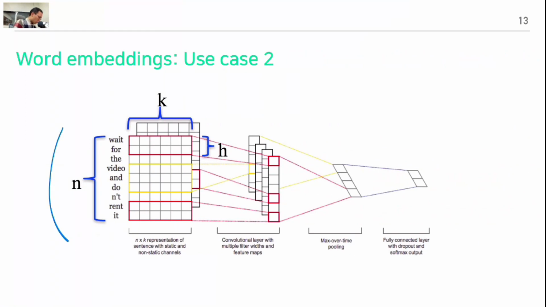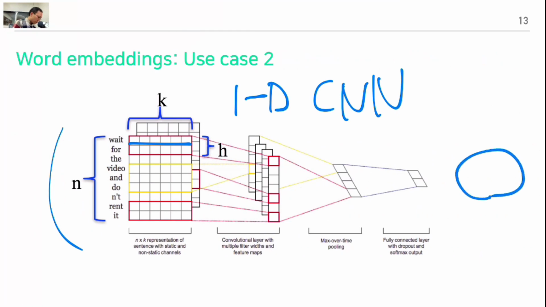So this is just one case. So we get the representation from the word, and to apply one-dimensional CNN, we can classify the labels of the sentence or document, right? In this case, document. So we do the sentiment classification from the word embedding.